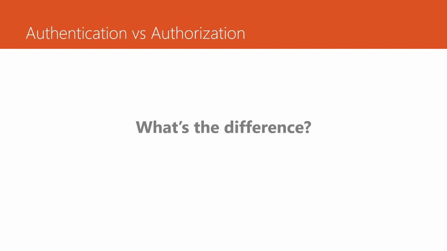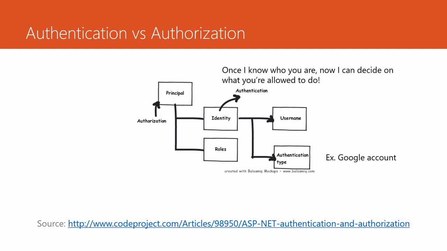So if we look at the difference between authentication versus authorization, okay, it comes down to really two things. Ultimately, I think it comes down to who versus what, or who and what. So really, if you look at this, you've got authentication, that's who, and it's kind of a two-level thing.